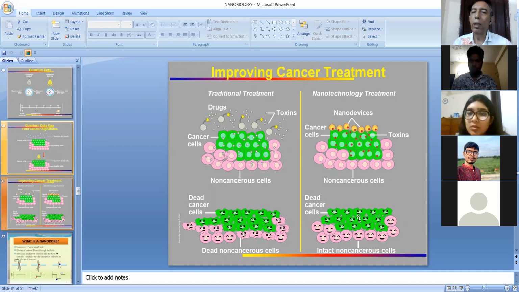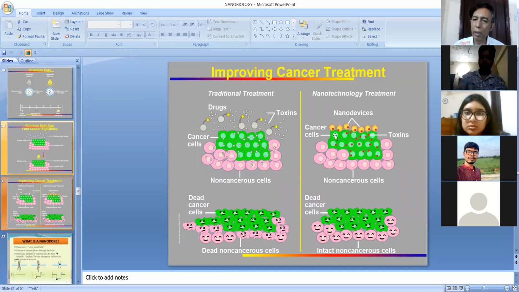But here, because we have attached medicine on the quantum dot, and the quantum dot will be accumulated only on the cancerous cell, the medicine will destroy only the cancerous cell. You see, only the cancerous cells, the green cells, are destroyed, not the pink cells. They are very good.